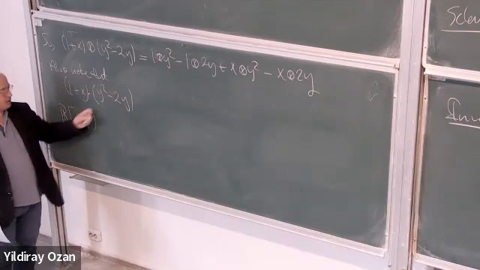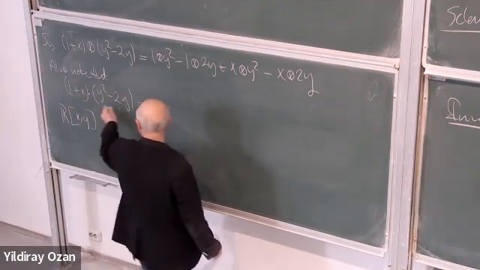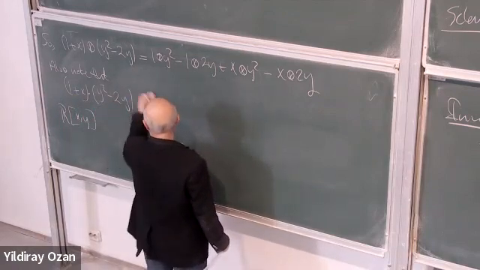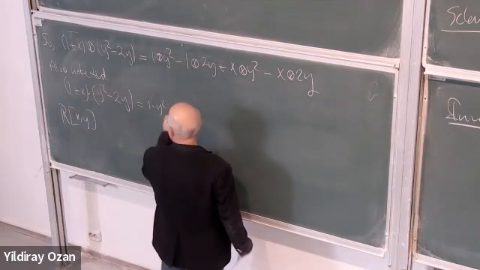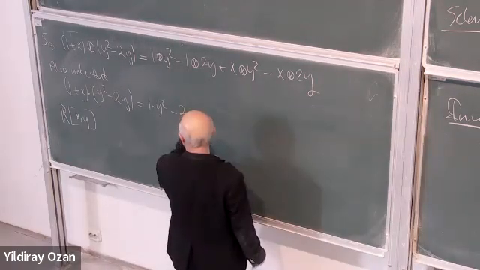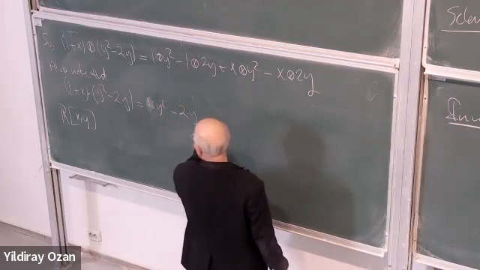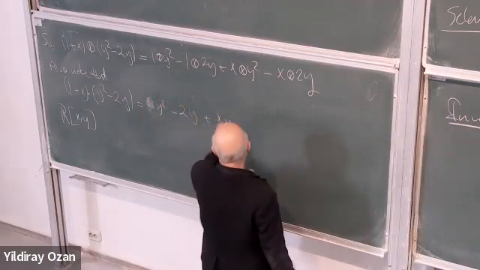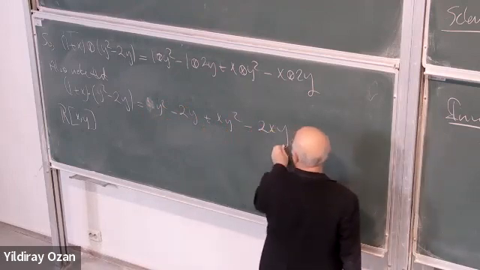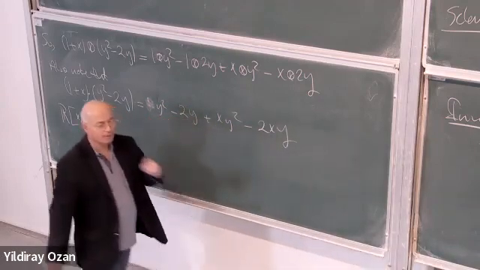So these are elements here, and I can just multiply them over there. And what is this? This is just y squared, or 1 times y squared, minus 2 times y, with the y squared minus 2y, plus x times y squared, minus 2xy.